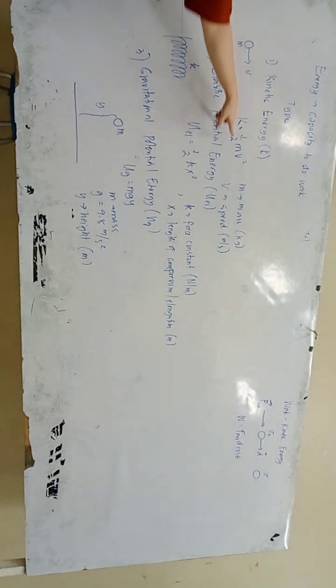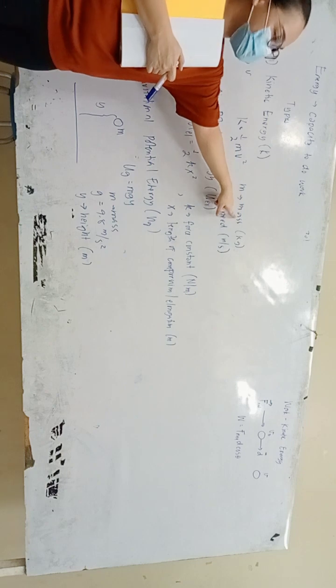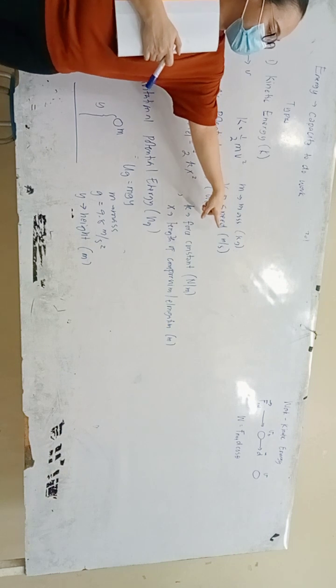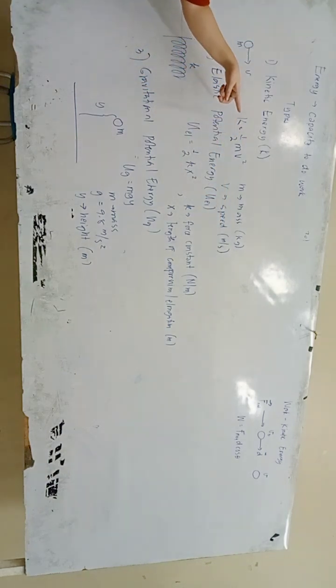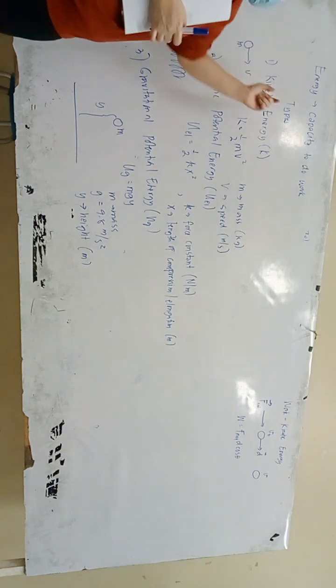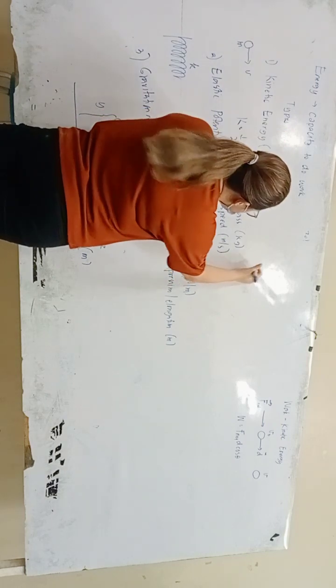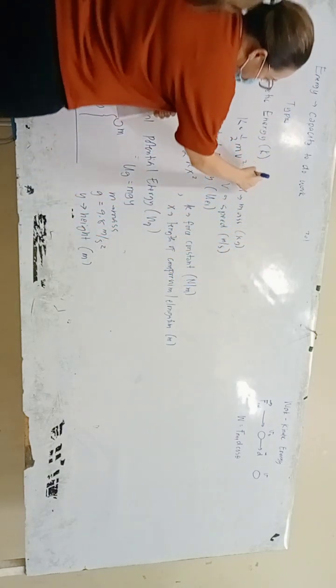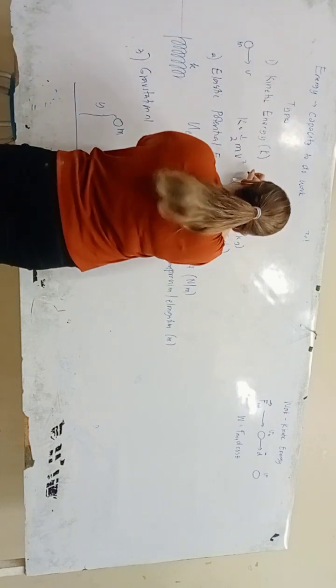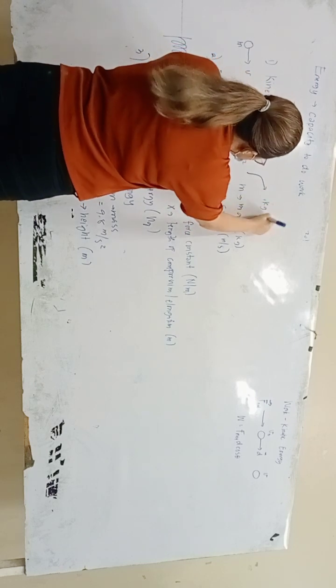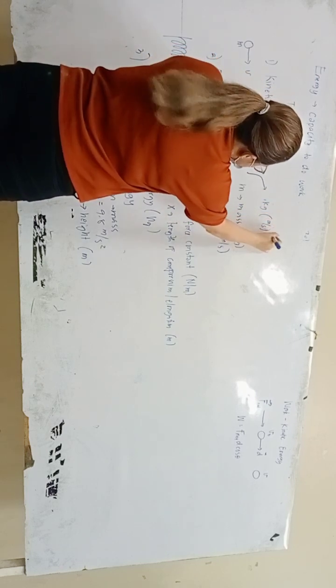So, m is for the mass, which must be in kilogram, and v is the speed, which is in meter per second. The unit for kinetic energy is the same as the unit for work, joule. If we multiply the units from the equation for kinetic energy, we get 1/2, m is for kilogram, v is for m over s squared.